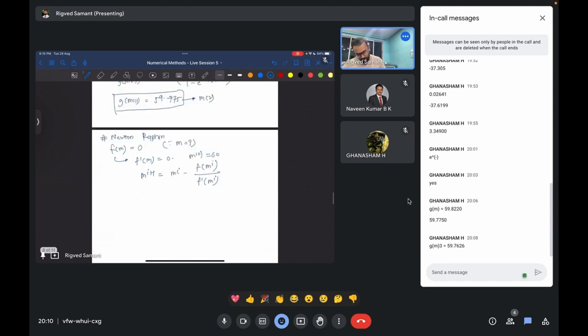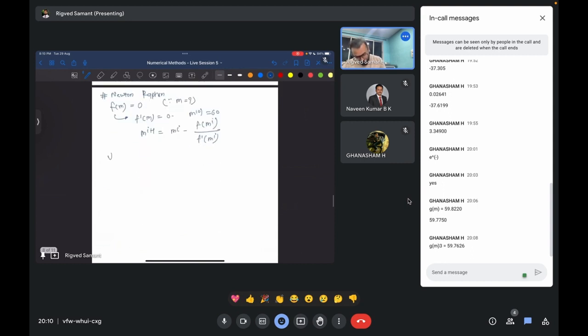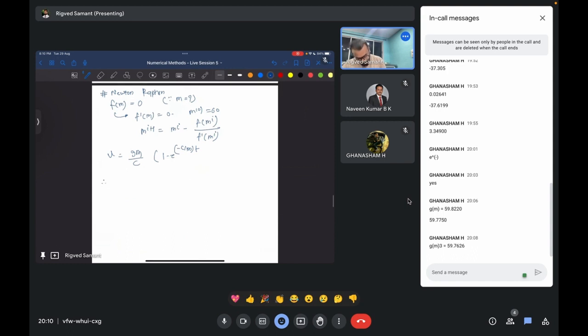So your function is v equals g m divided by c, into 1 minus e raised to minus c by m into t. So the function of m would be, we just have to take v to that side, g m by c into 1 minus e raised to minus c by m into t, minus v.